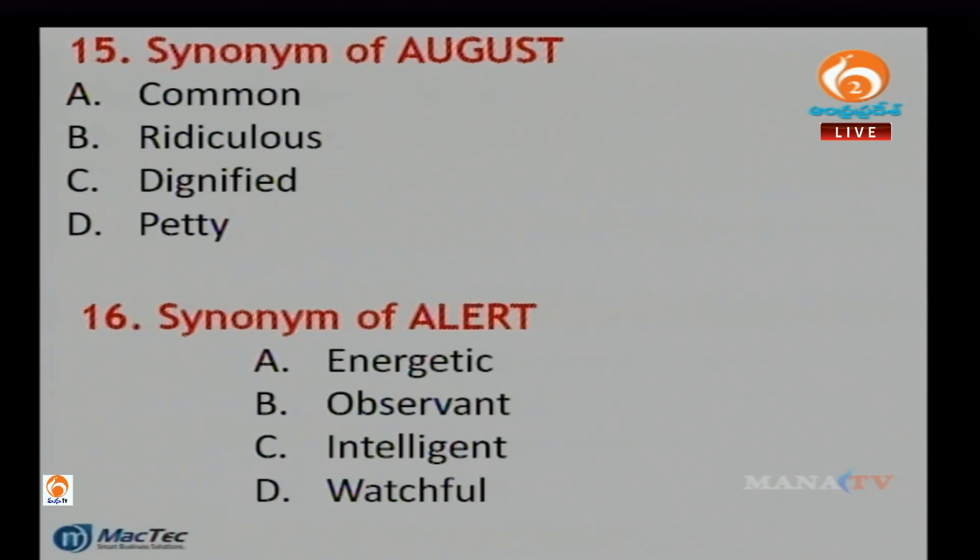Now observant basically means I am only observing, I am not doing anything about it. For example, please observe that kids are not walking out of the door, so I am just observing. But I am being alert means I am not even allowing anybody to come inside. So that is being watchful. Watchful means alert. So synonym of alert is option D, which is watchful. All right.